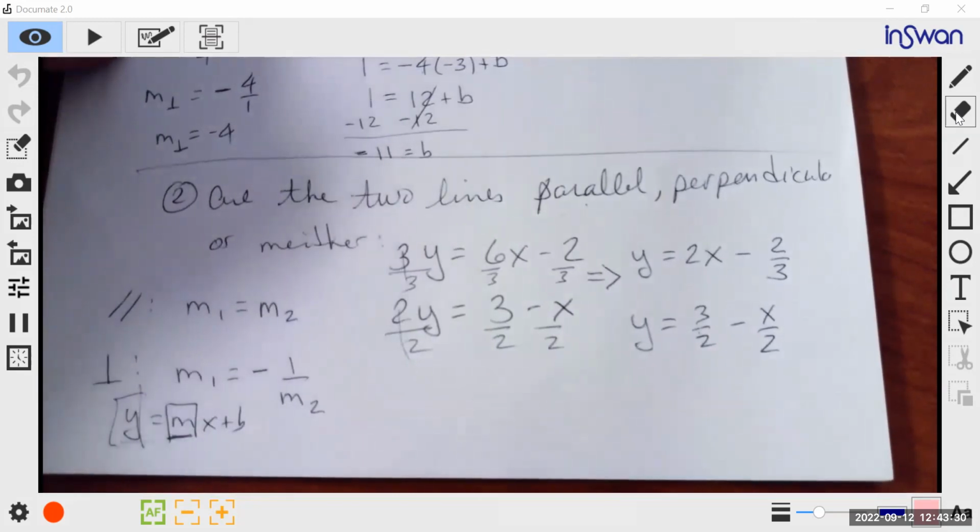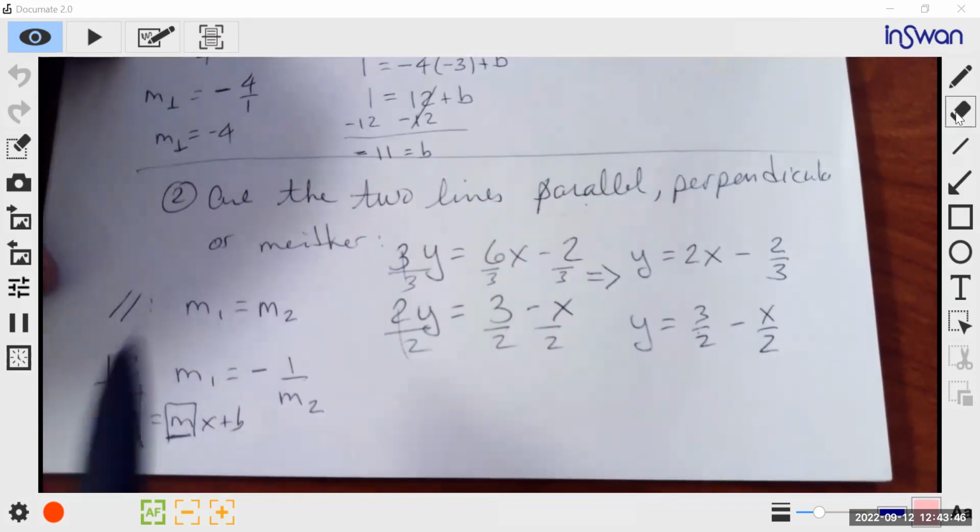So what's your guess? Are they parallel, perpendicular, or neither? Remember, if it's parallel, are the slopes the same? No, they're not the same.